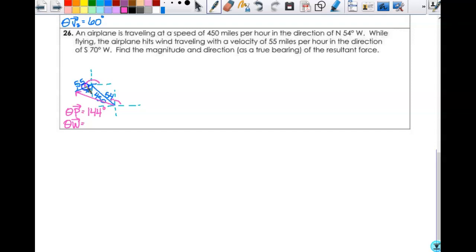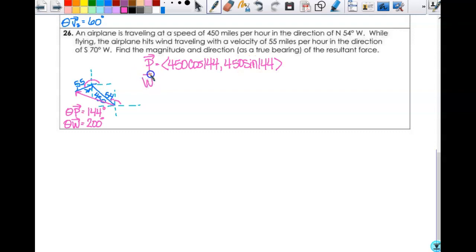So 180 plus 20 would give me 200. Okay, so my plane vector is going to be 450 times the cosine of 144, 450 times the sine of 144.